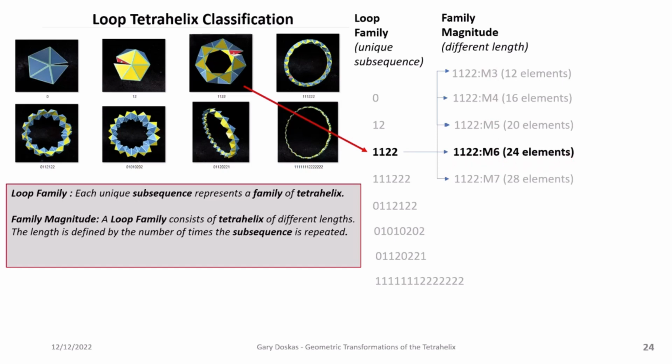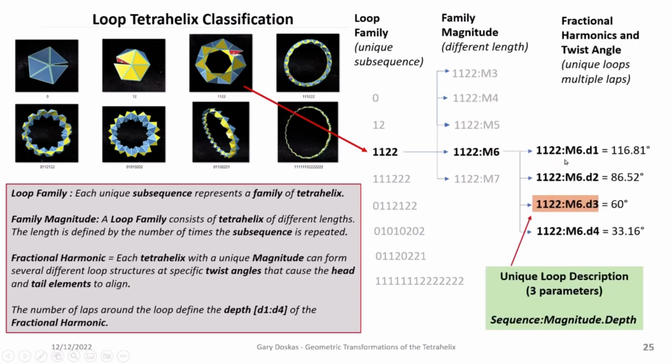Now I can add in the third parameter, which is the actual twist angle, the unique twist angle, or it results in a fractional harmonic. And these create unique loops that have 1 lap or maybe multiple laps to converge to make a loop.